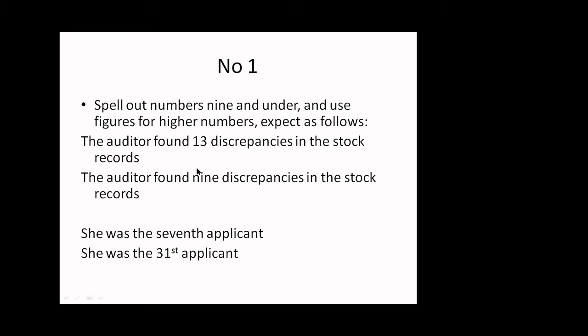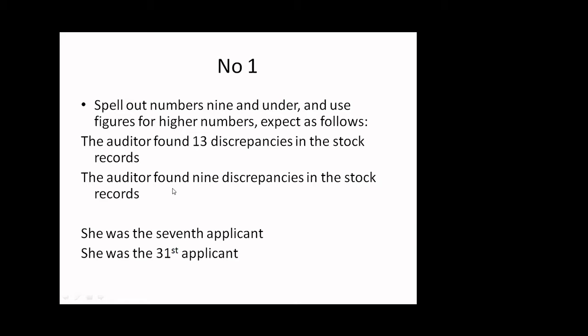If it was 9 or below 9, he would have written it in words, like you would have spelled it out. So the auditor found nine discrepancies in the stock record. But the auditor found 13, so you are not writing thirteen. You are writing the figure because it's more than 9.